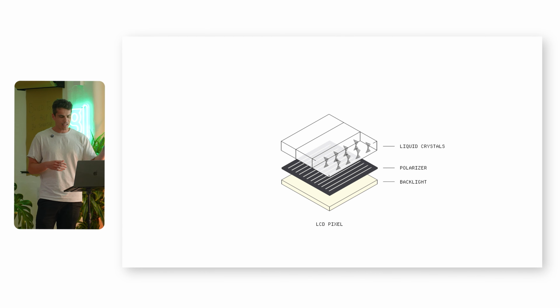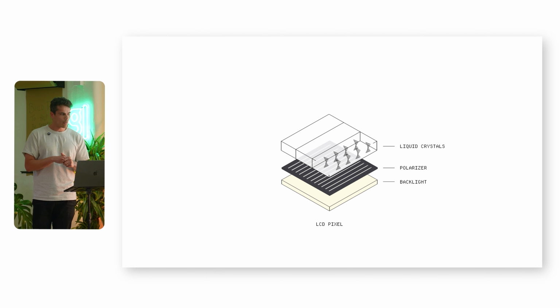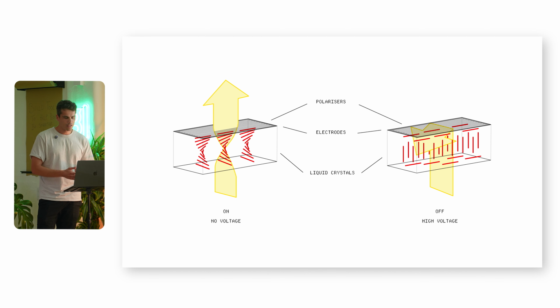In their default state, they're arranged in a way that allows the light to be passed through. In fact, they polarize the light in their own way. And when we apply voltage to them, we can shut off the light that goes through them. It's just bonkers that's even a thing.